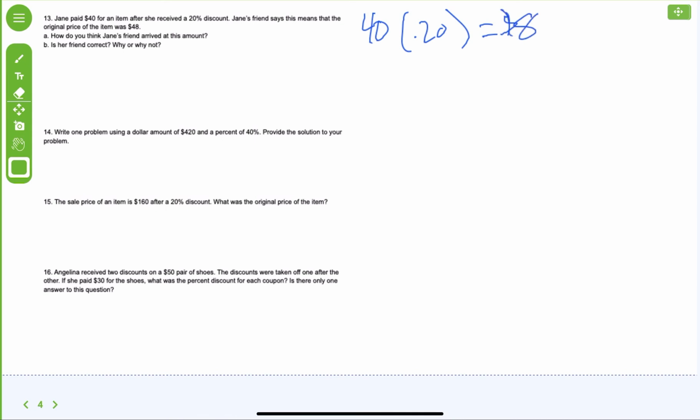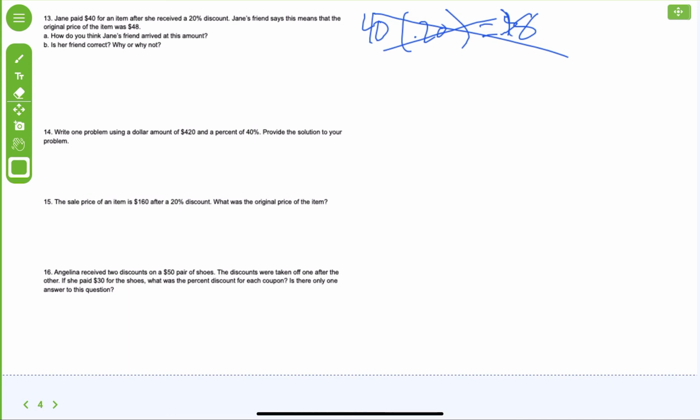So here's your $8. She took the 20% discount off of the amount that she paid and added it to it. But we can't do that. That's not correct. Okay? That would not be correct.